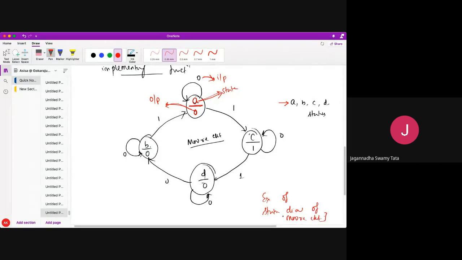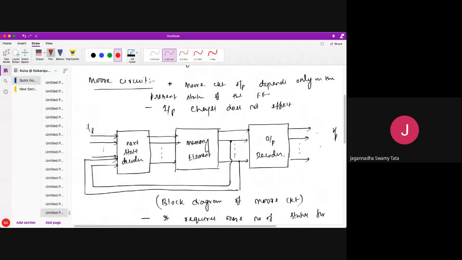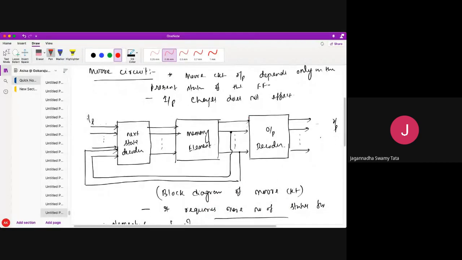So what actually do you understand about the Moore circuit? Moore circuit output depends only on the present state of the flip-flop. If you change the input, it doesn't affect my output, because the input is not connected to the output decoder. In the Mealy circuit, you can see the input is connected to the output decoder.